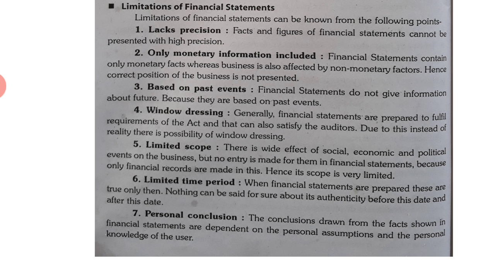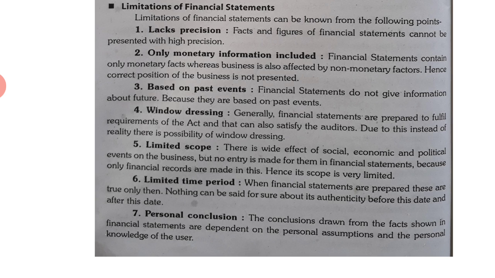And the last topic of this video, limitations of financial statements. There are some lackings which financial statements cannot present. So what are they? The first is lack of precision. It means facts and figures in financial statements cannot be presented with high precision. तो ये possible नहीं हो सकता इसमें.